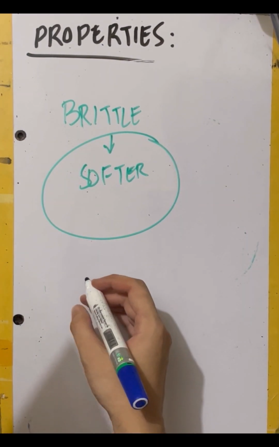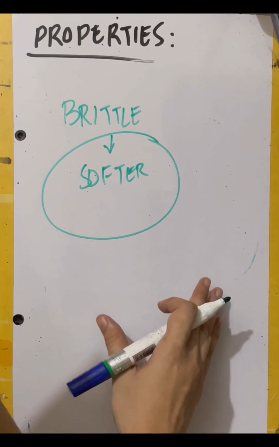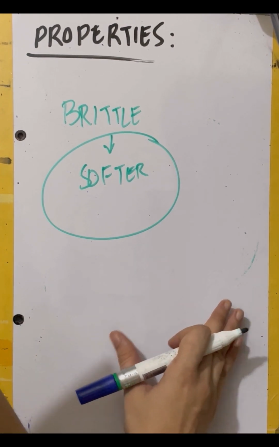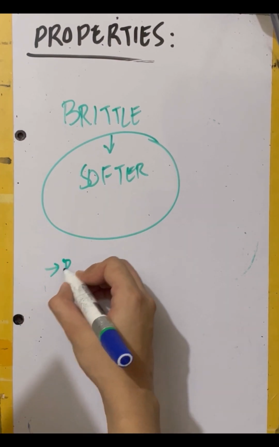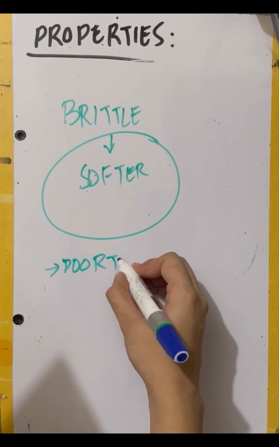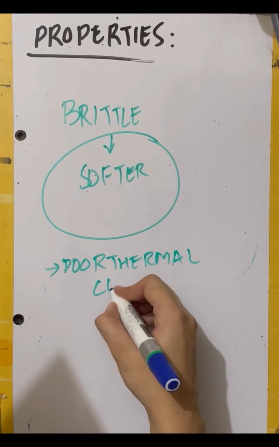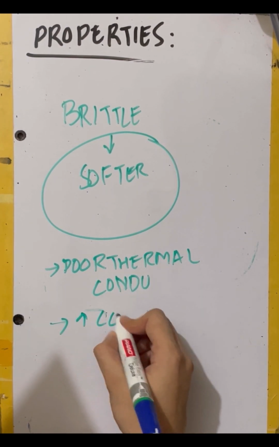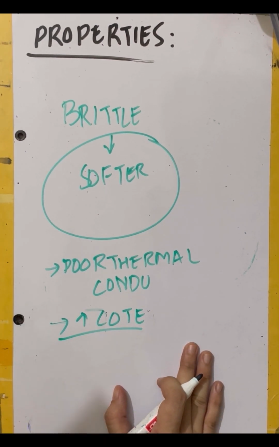The temperature of wax should be greater than the mouth temperature, so it should be rigid in the mouth when we insert it. But waxes are poor thermal conductors. Waxes have a high coefficient of thermal expansion. That's why they contract on cooling and melt on heating.